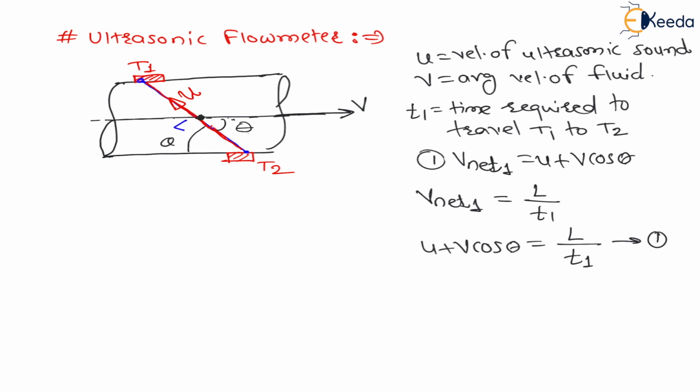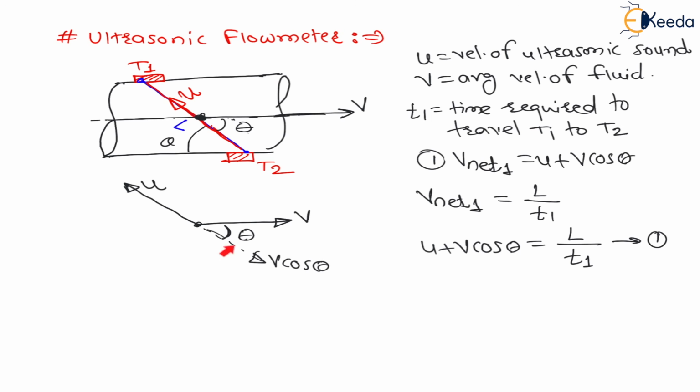Therefore if I consider any point here, the average velocity of the fluid is v and u is here. This velocity of sound is in this direction. So my dear students, the velocity of flow of the fluid along the direction of this length L will be, as this angle is theta, v cos theta.